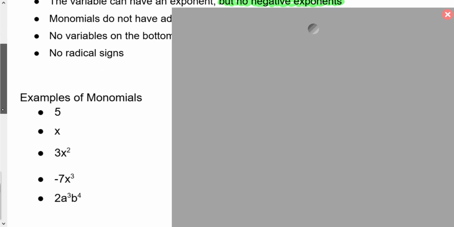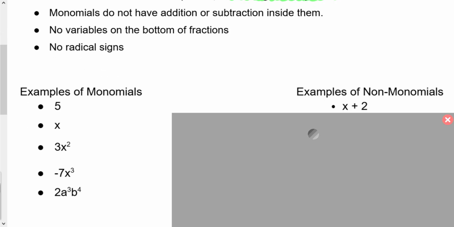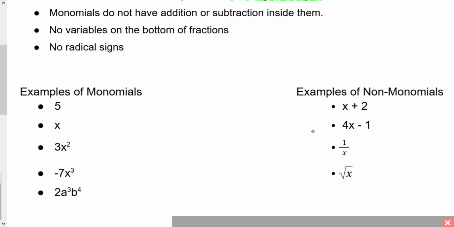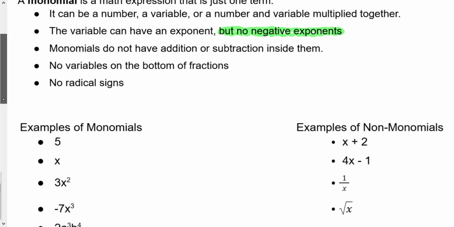As we look at the examples of non-monomials, let's just make one right here: 3x to the -2nd power. See this part right here? It has the negative exponent on the x. We'll see later on in our lessons why this would get us into trouble and violate one of the big rules about monomials.